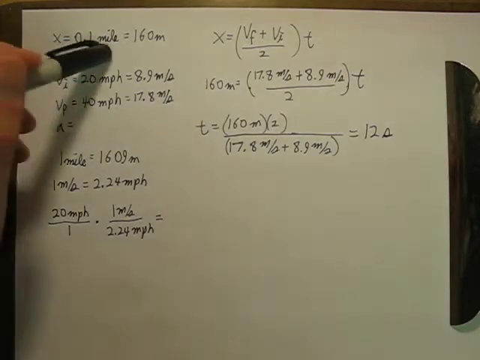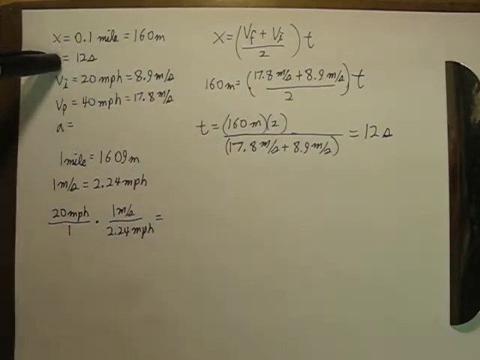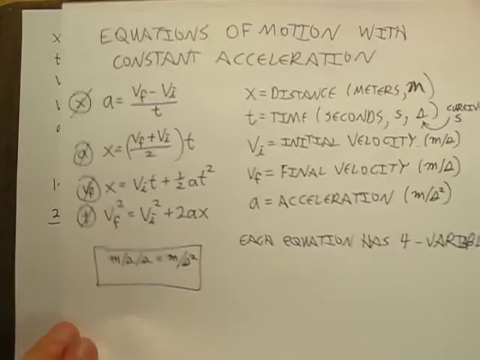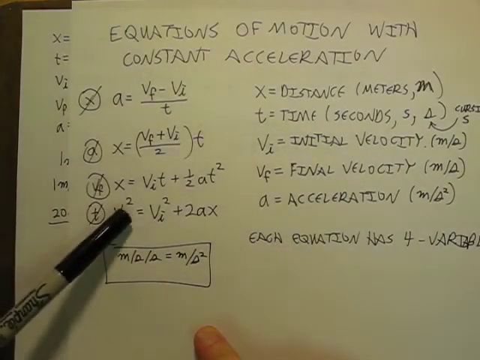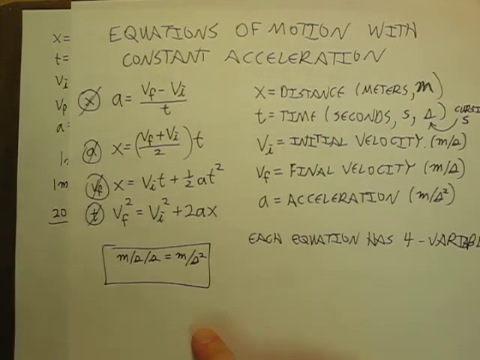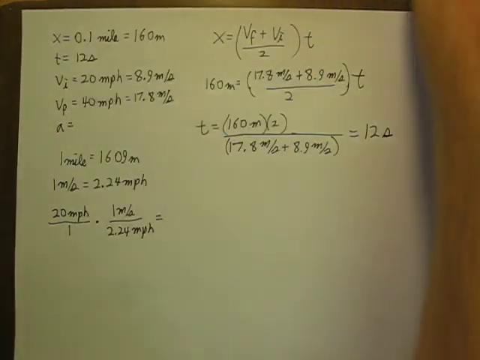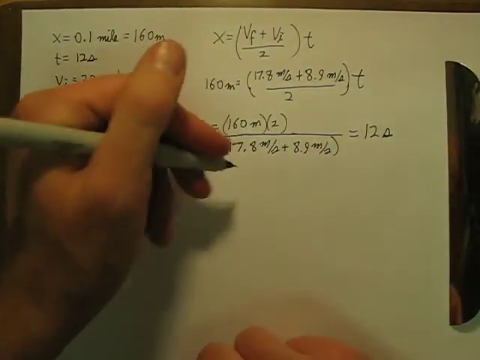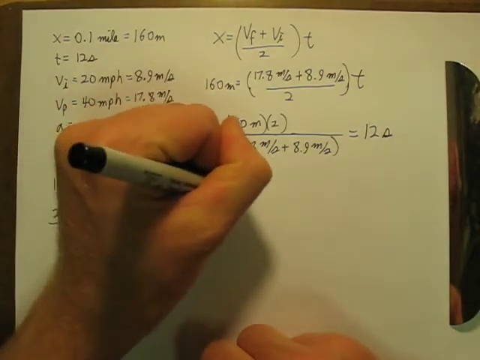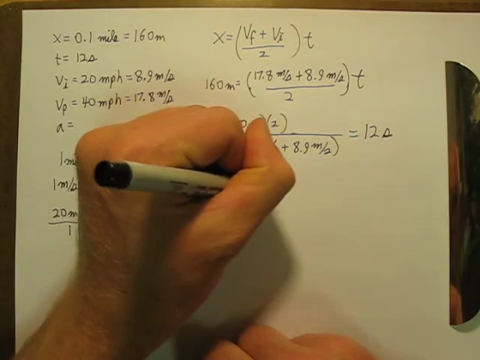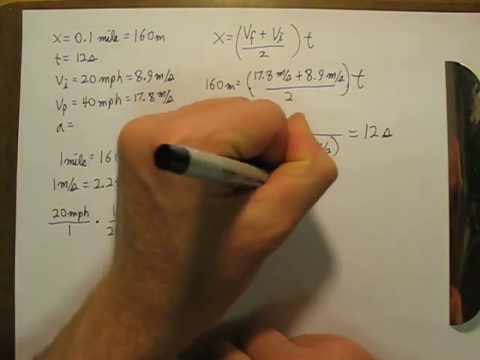Let's not even use that 12 seconds in our new calculation. Let's find the equation that does not contain time. It's this one right here: vf squared equals vi squared plus 2ax.